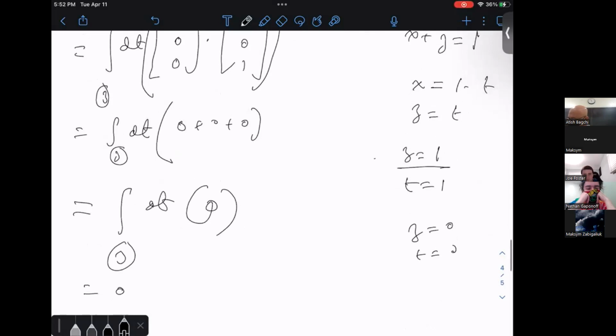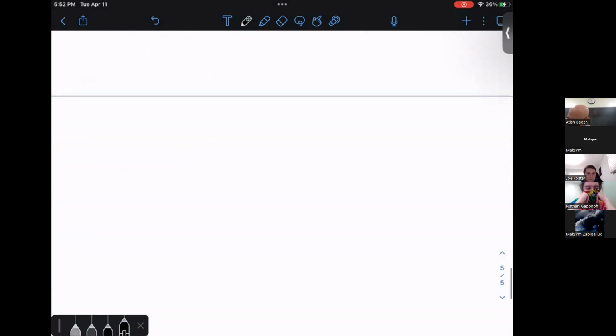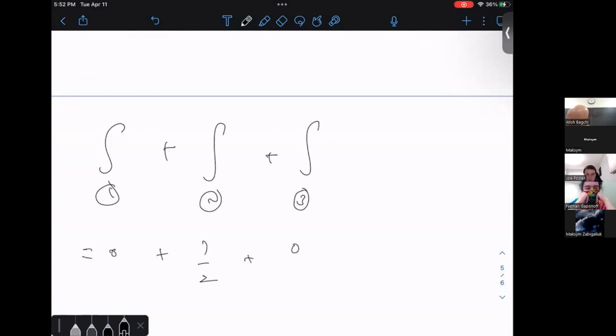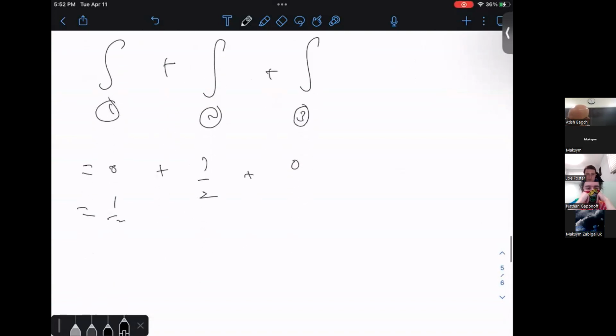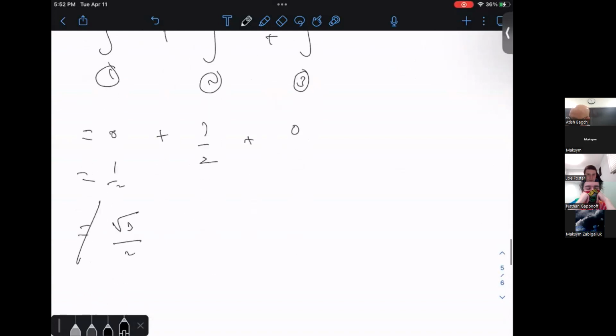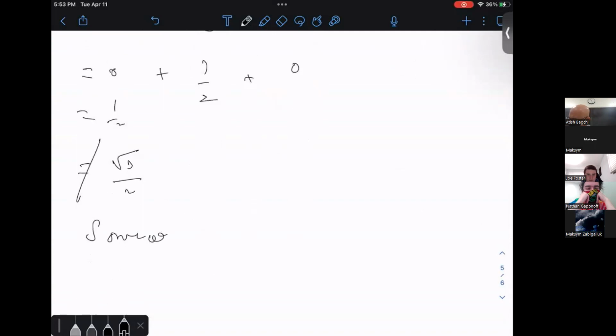So that's 0. So integral over 1 plus integral over 2 plus integral over 3 is equal to 0 plus half plus 0, which is equal to half, which is not equal to 3 square root of 3 over 2. So somewhere there's a mistake. But since it straddles 2 lectures, I don't know how to find the mistake.